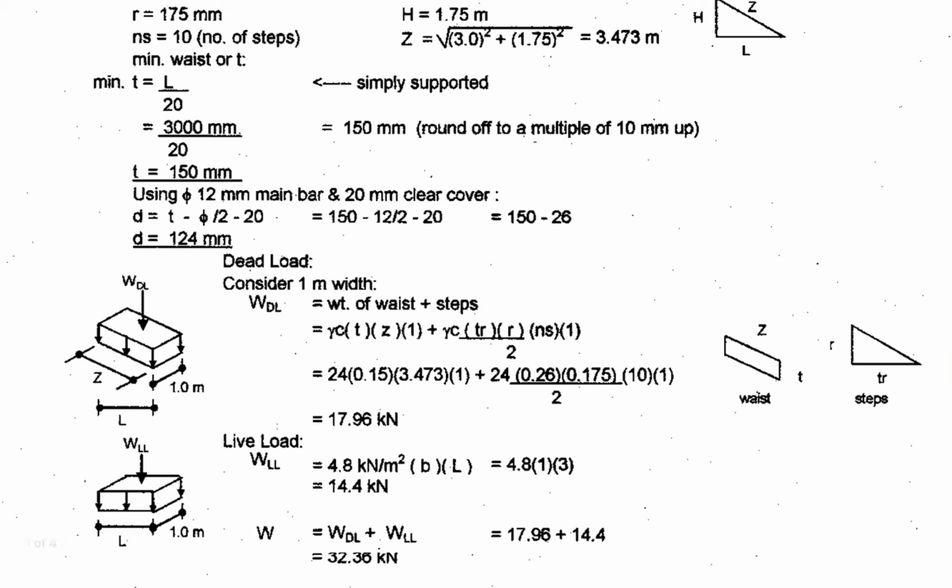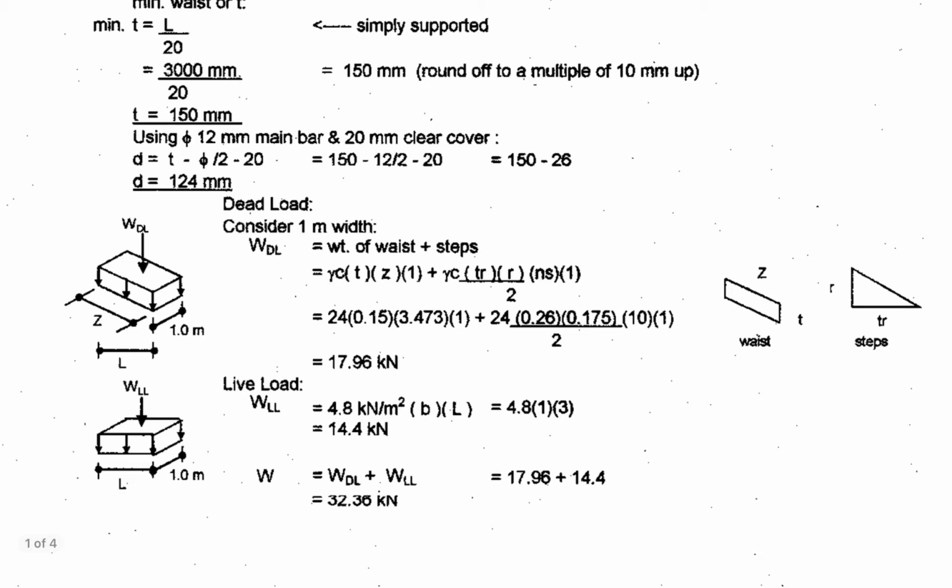Okay? So therefore, you have 14.4. So total load, you have 17.96 plus 14.4. So therefore, you have 32.36. Okay, so this is now your total load W.